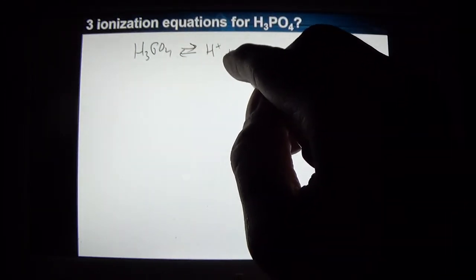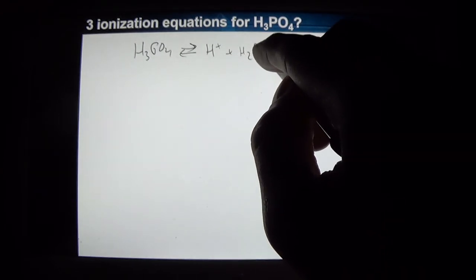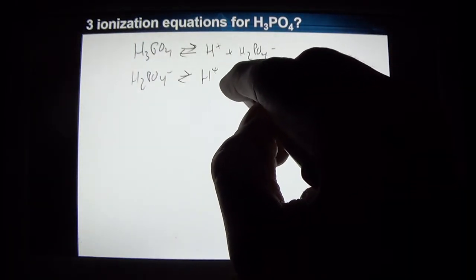Now let's talk about the 3 ionization equations for H3PO4. H3PO4 is going to ionize. First time it ionizes, I'm not even going to pretend I know if it's one way or not. We're not going to go there for the moment. You look it up, but it's one at a time. Then I start with the leftovers of the first one, and I get the second one.